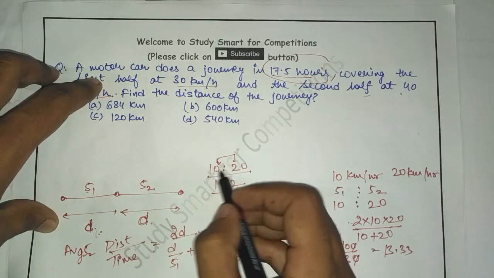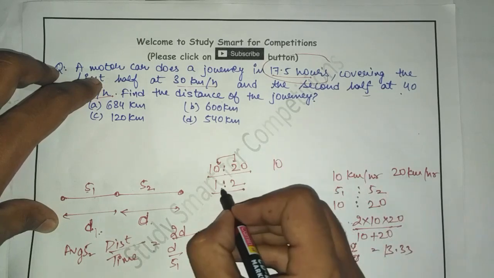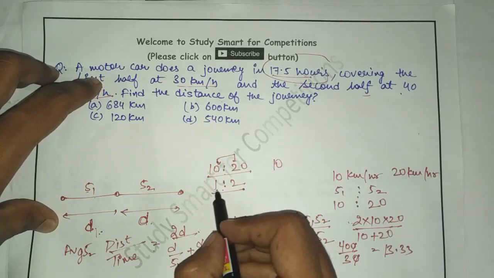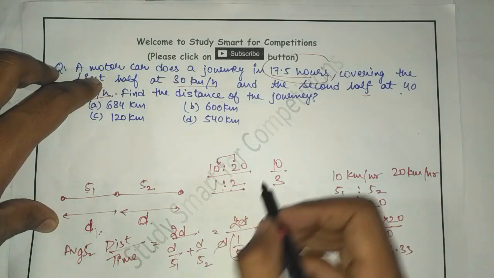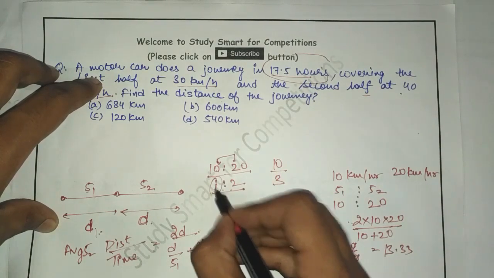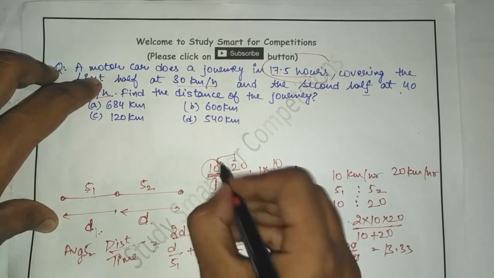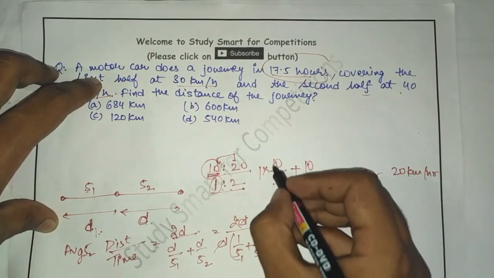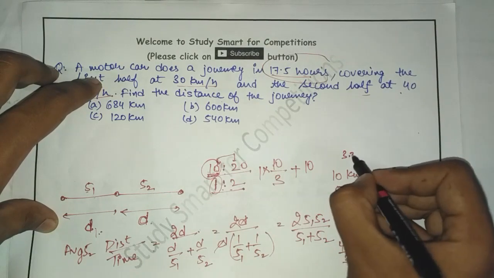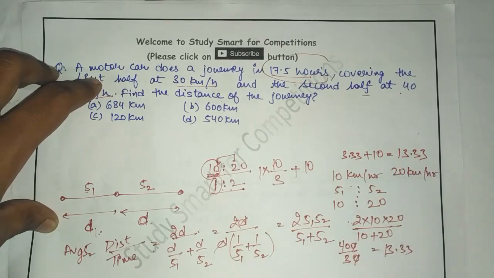The difference of the speeds 10 and 20 will be 10, and divide it with the sum of this 1:2, that comes out to be 3, and multiply it with the least ratio, multiply it with 1, and plus the least speed, that is out of 10 and 20 you will add 10, and that comes out to be 10 by 3 is 3.33 plus 10, and that is 13.33. Hope you have understood this trick.